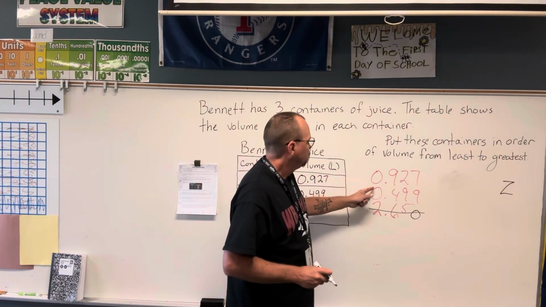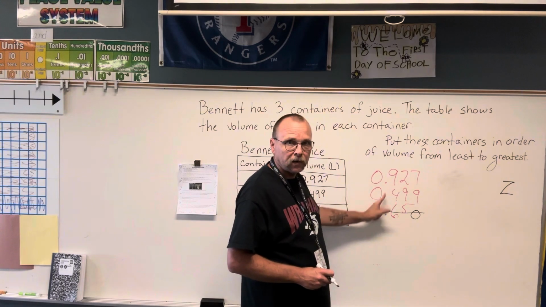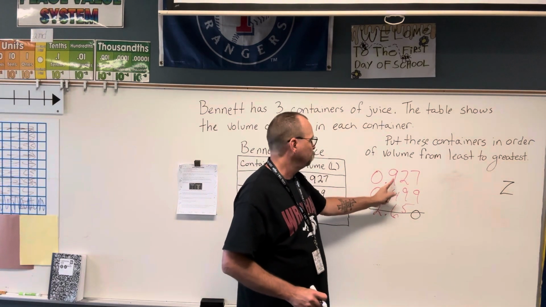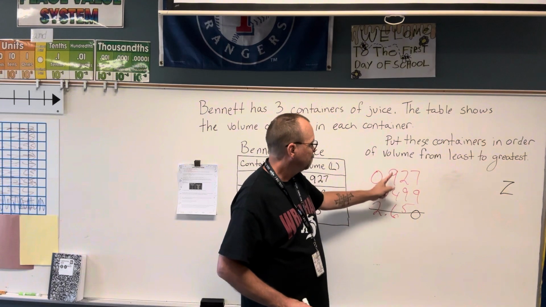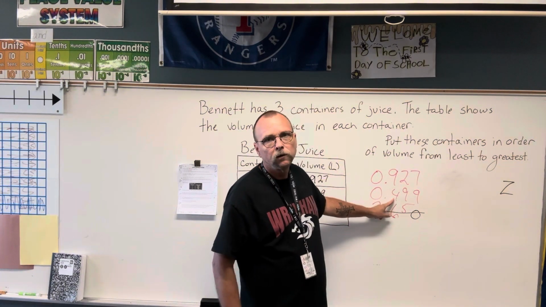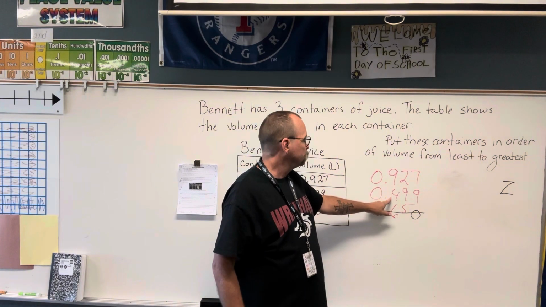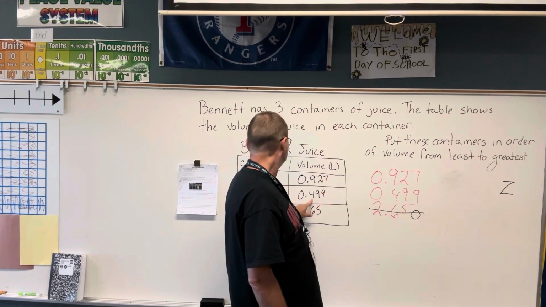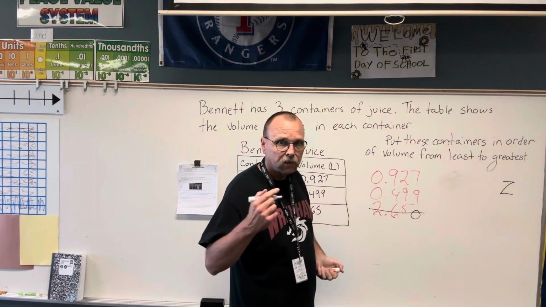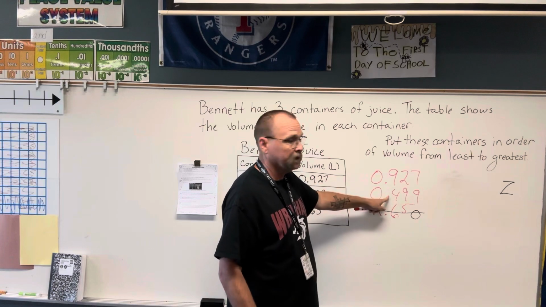Now the ones place is already done, so I go to my next greatest place value, which is the tenths place. I have a 9 and a 4. So here's our difference. The 4 is smaller than the 9, so the 4 is going to be our smallest tenths.